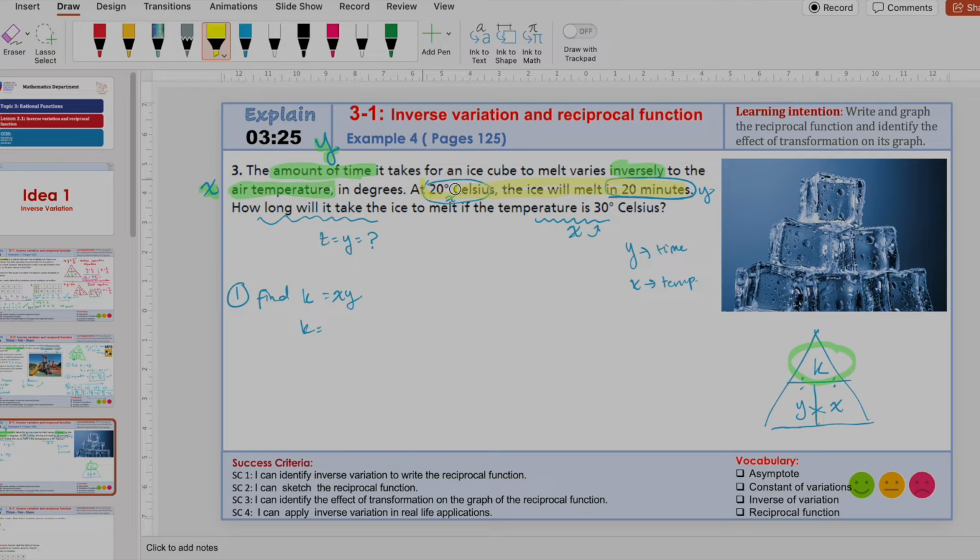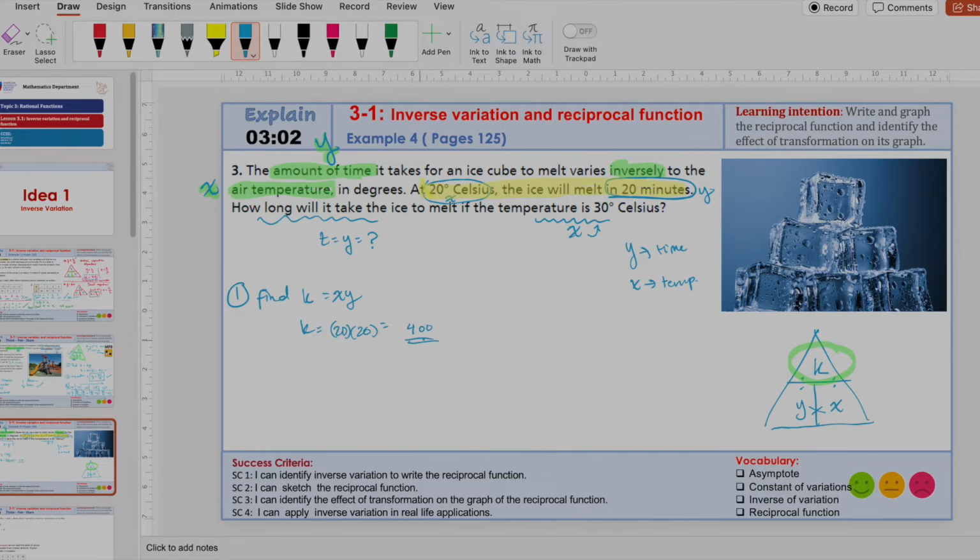So in 20 minutes, the ice will melt when the temperature is 20 Celsius. Anyways, so use this information. So just plug in your values. So I have x is 20 Celsius times time, it's 20 minutes, which is gonna be 400.